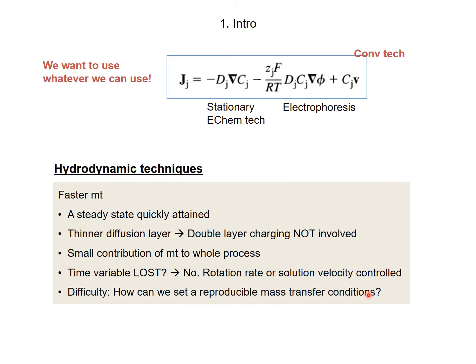Sometimes you could observe some turbulence, which is an unexpected velocity profile developed. So we should control the convection in very detailed and very minute control. So how can we set such reproducible mass transfer conditions?